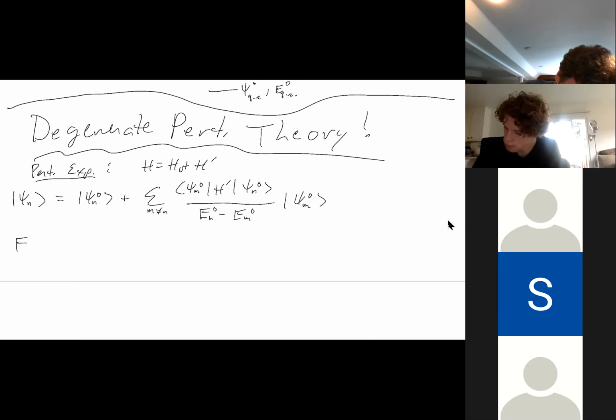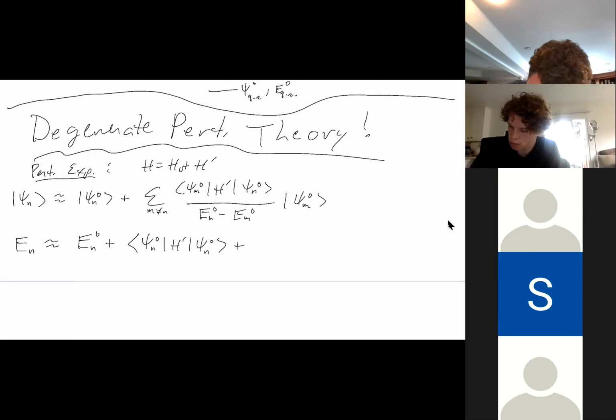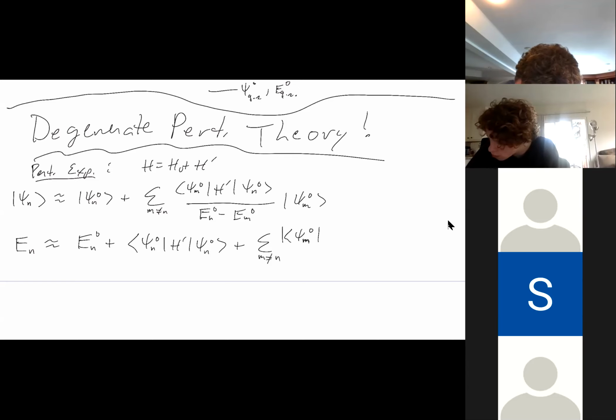And I have my energies. I'll always use the wiggly sign to show that it's an approximation: E n naught plus the first order correction plus the second order correction, the one that we just derived.